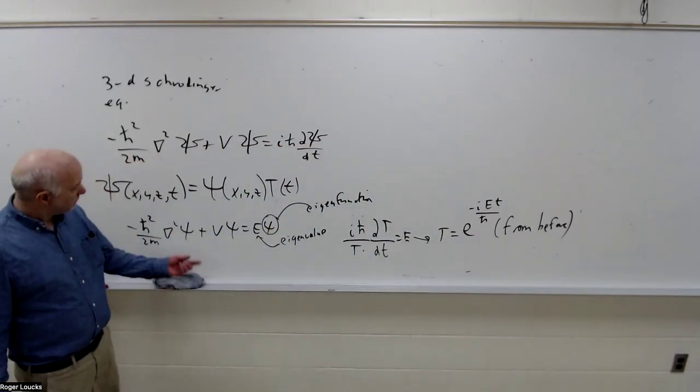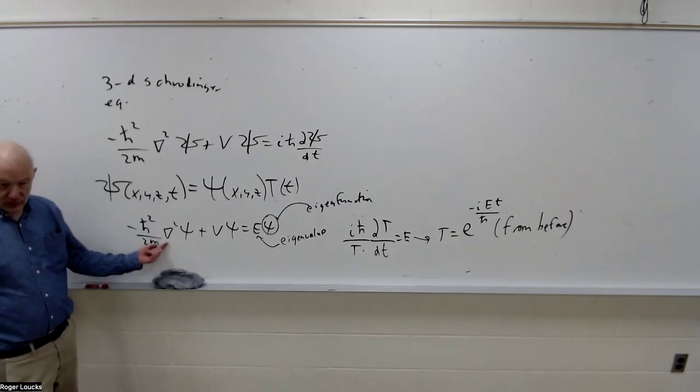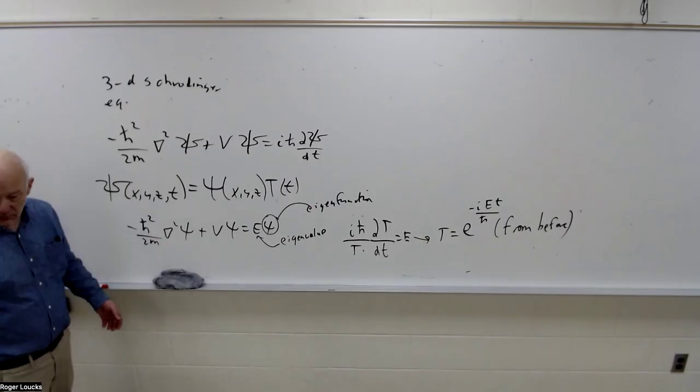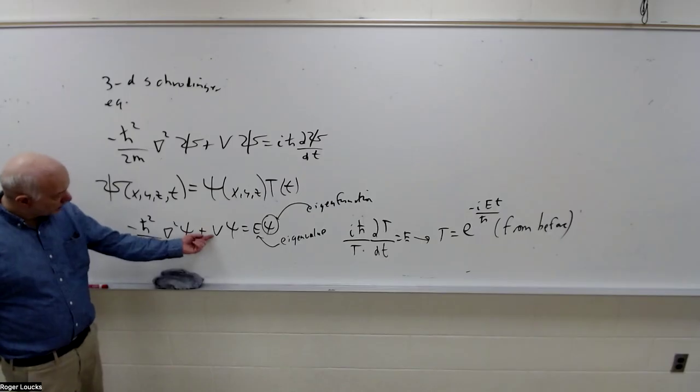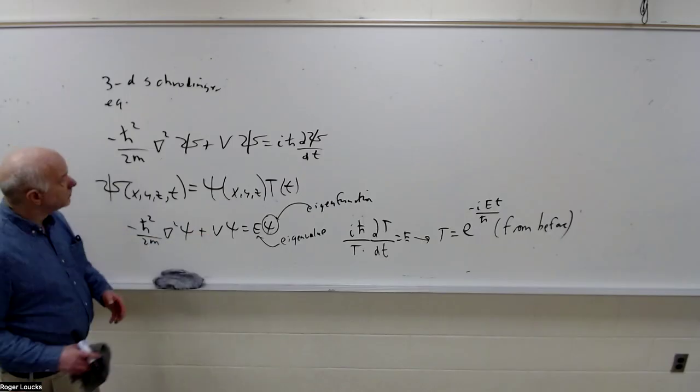Okay. So what we want to do today is beat on this guy here, and this will also be a good review for your test as well. And so we're going to take the case where the V is a constant.